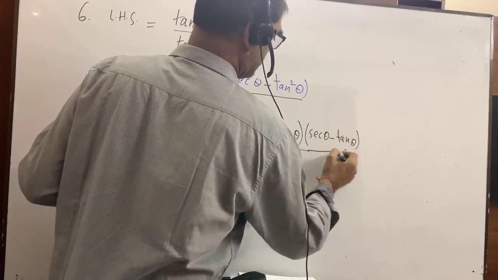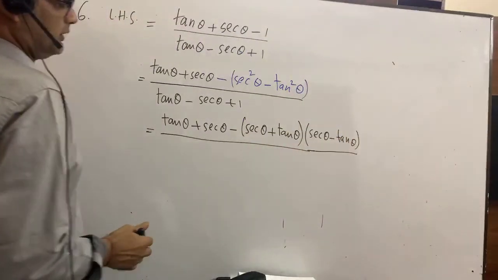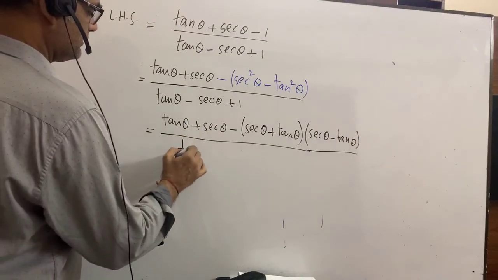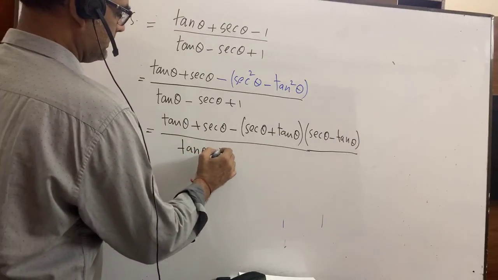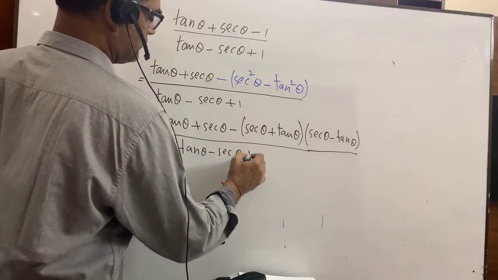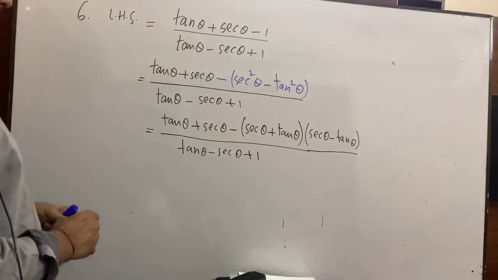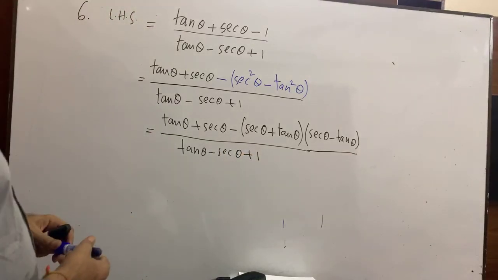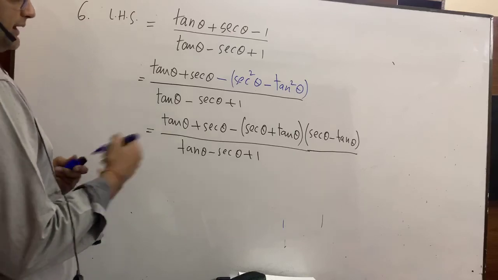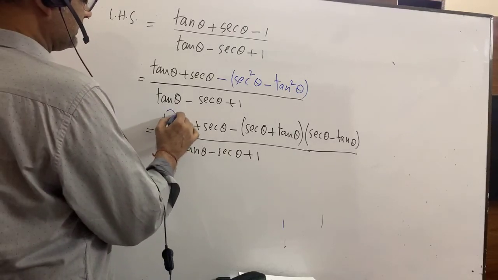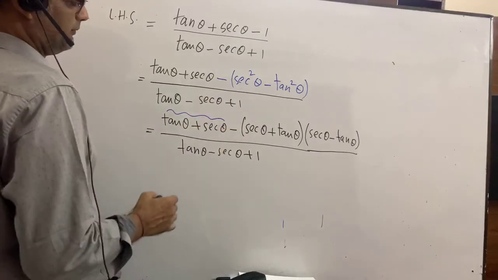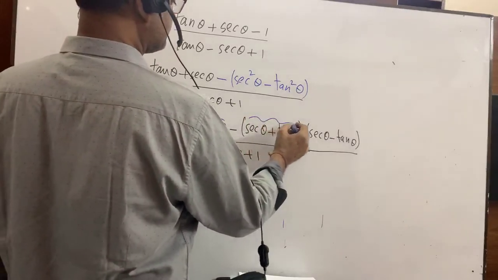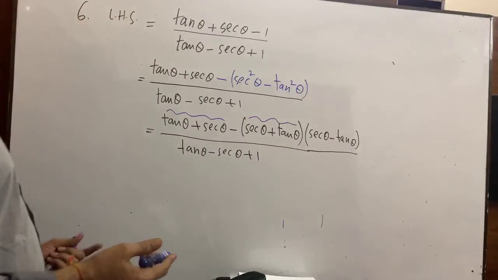It is nothing but the formula. And here it is tan theta minus sec theta plus 1. Dear students, can you see any relation? This tan theta plus sec theta, and that sec theta plus tan theta, they are the same.